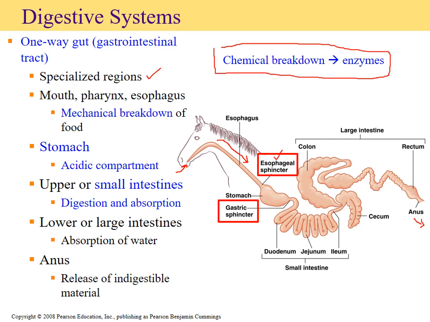A sphincter, think of it like a little sliding door. It's going to allow you to open and close the entrance. So the esophageal sphincter will regulate the environment in the esophagus versus that of the stomach. Why? Because your esophagus is a neutral environment and your stomach is your most acidic part of the body. So it's two different environments.